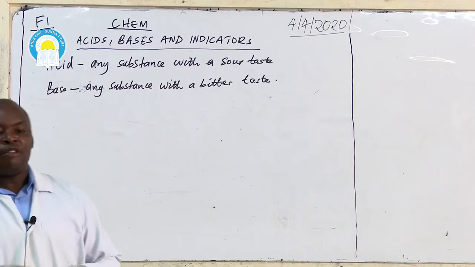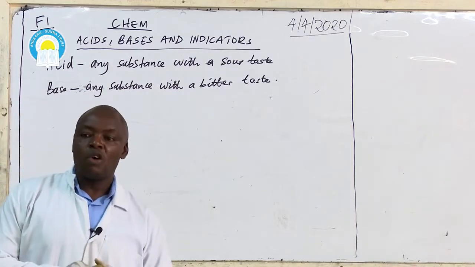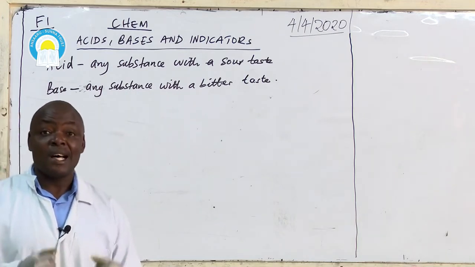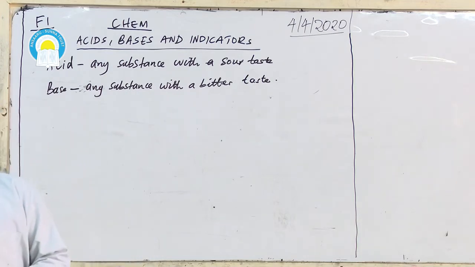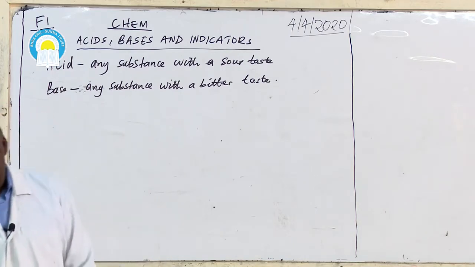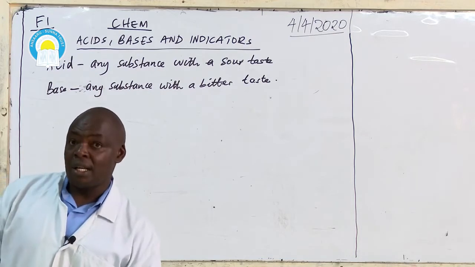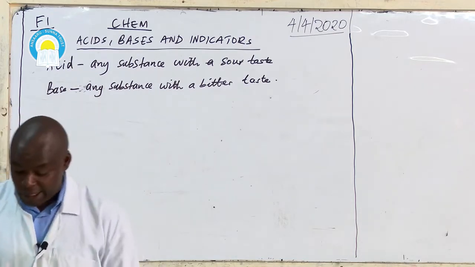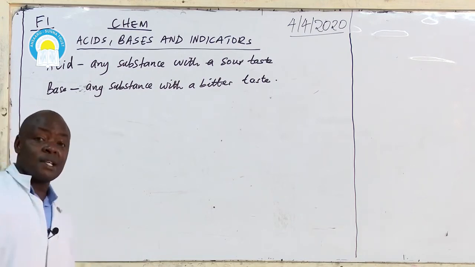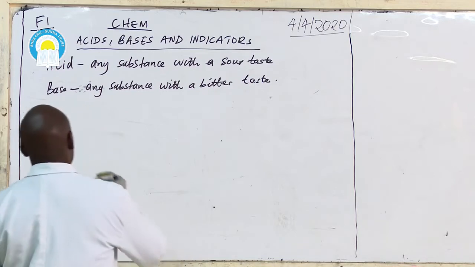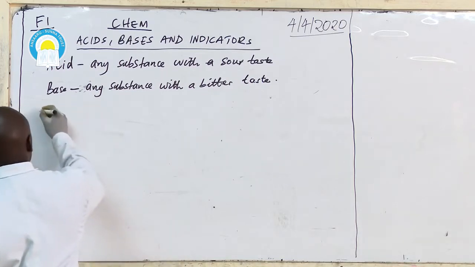So this calls for other substances which can help us to classify substances as acids or bases. These substances are called indicators. Indicators are substances that are used to classify substances as acids or bases.